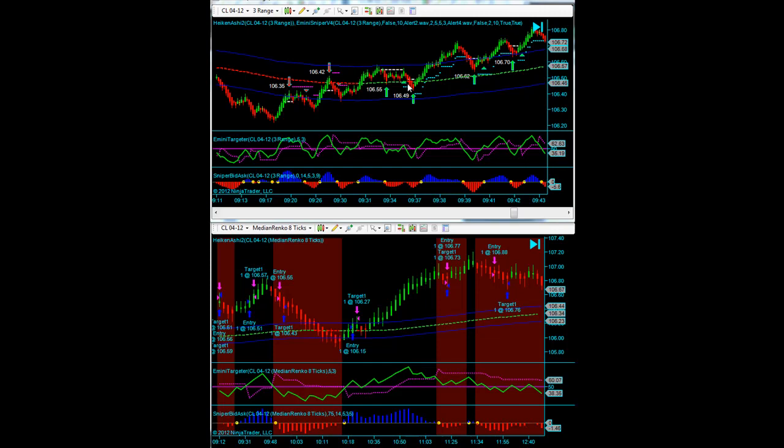So if I want a move in here, I want to be in on it when our 3 range starts going to the long side. So I would wait for this, and as we know, our resistance can be met here and we can get a reaction down, which would just cause you some heat. So when we take an entry like this, it's best to keep an eye on your 3 range and just make sure that it's in agreement with what you want to do.